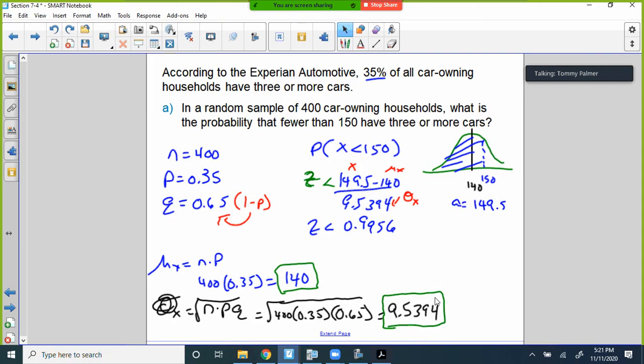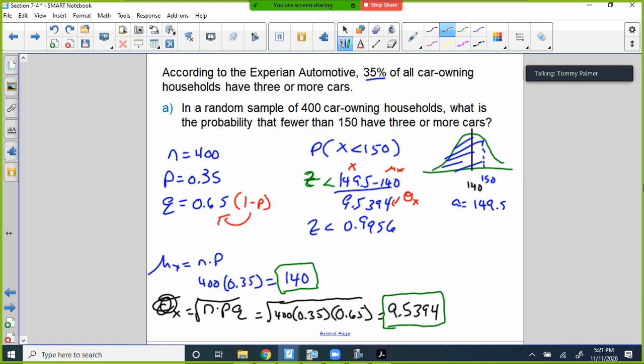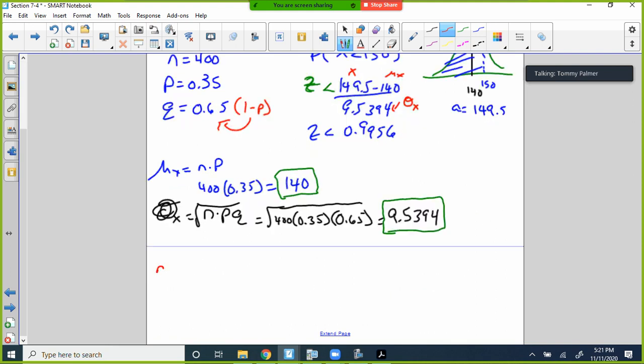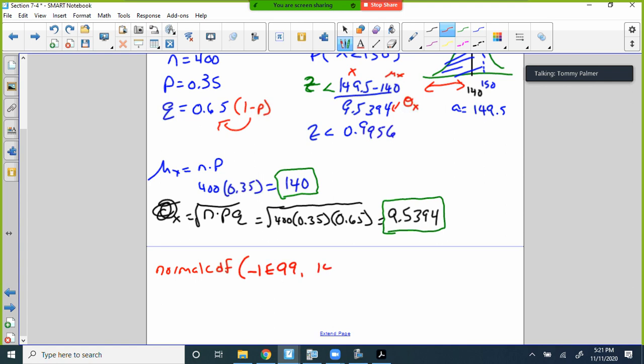But you can also, I prefer you to do it on the calculators. So here it is on the calculator. If you type in normal CDF, right? Cumulative, because we're doing everything here. So we need a lower bound, and the lower bound would be negative 1E99, comma. The upper bound would be 149.5.